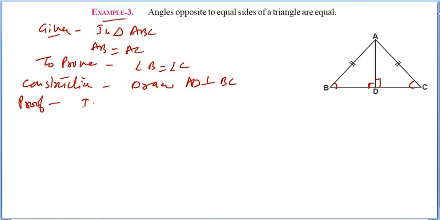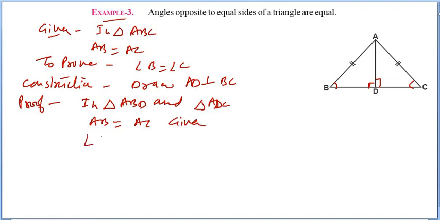In triangle ABD and triangle ADC, it is given that AB is equal to AC. Now, angle ADB is equal to angle ADC, 90 degrees each. Now, AD is common.